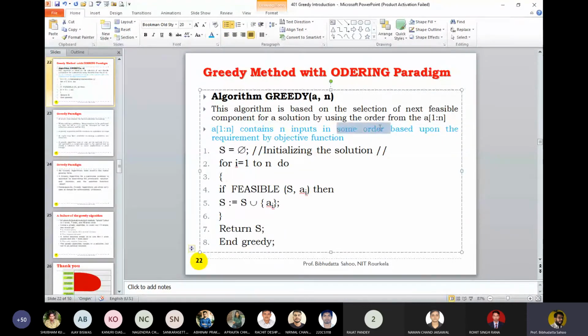They are sorted in order, maybe in ascending or descending order. When we arrange A of n in ascending or descending order, then I don't have any selection function. Look into this algorithm. I don't have any selection function. I sort them. Once I sort them, it is already decided I am going to take the first element on the first iteration, the second element in the second iteration, the third element in the third iteration.